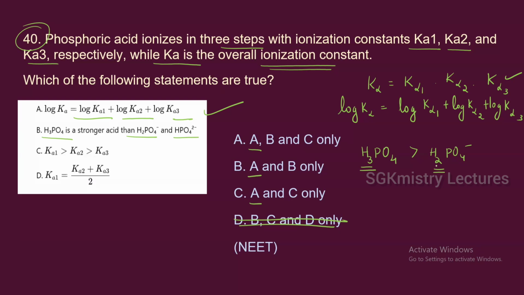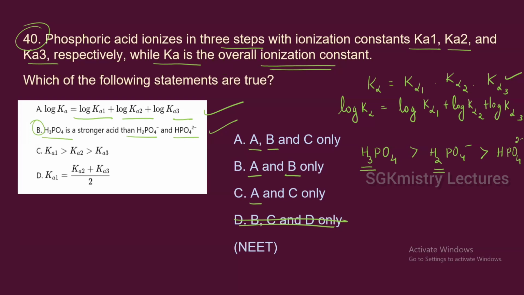Removal of one more H plus is quite difficult compared with H3PO4. Again, when I take HPO4 2 minus, you can see there are two negative charges, so removal of that H plus is too difficult compared to the first two cases. So this is the proper order, and option B is also correct.